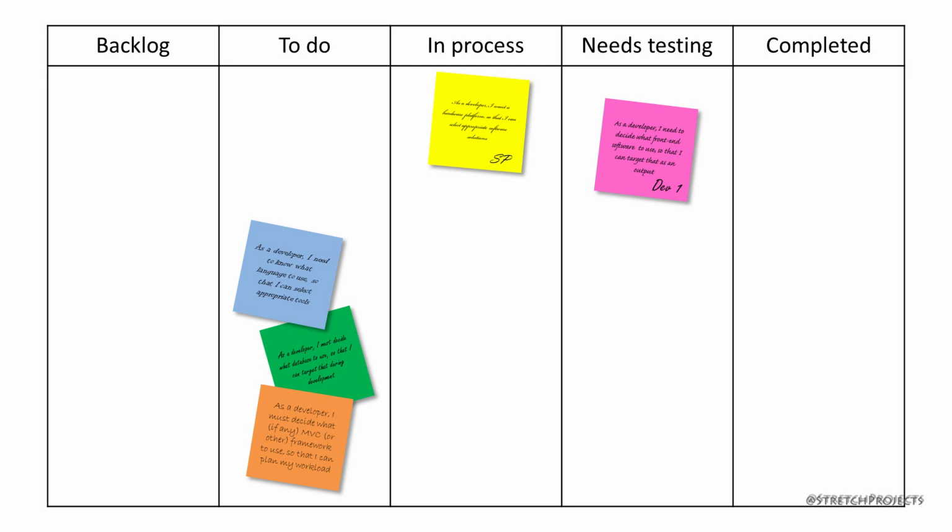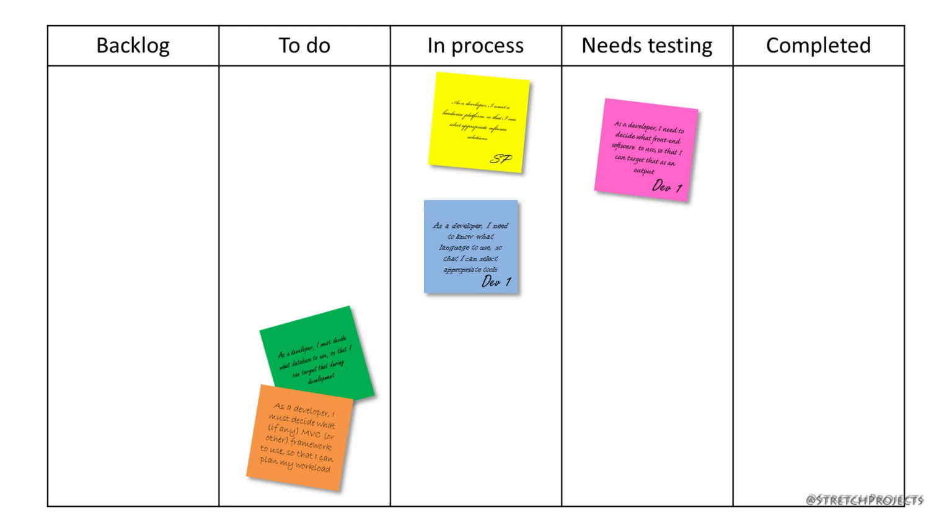After the developer has done working on their individual user story, they will move the post-it notes from the in-process column into the needs testing column. That developer will then go ahead and move another user story from the to-do column into the in-process column, adding their name. Depending on how the team who is doing the development is actually set up, there may be a developer dedicated to doing all of the testing.